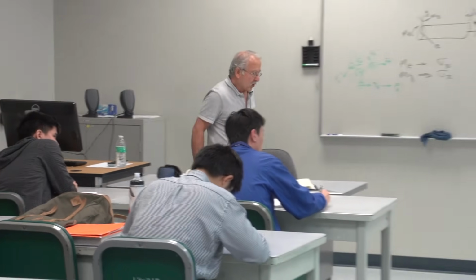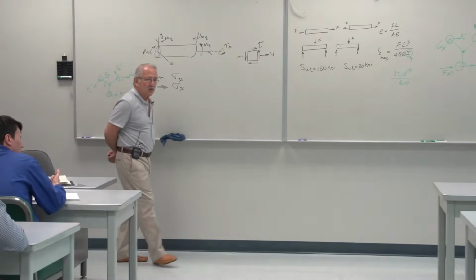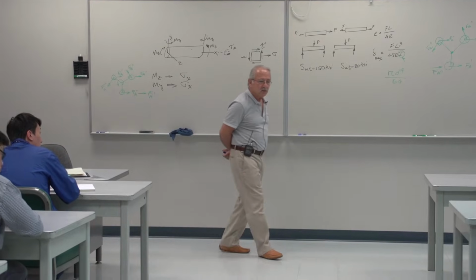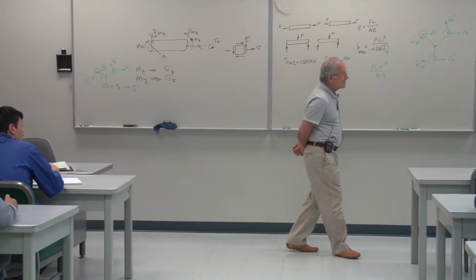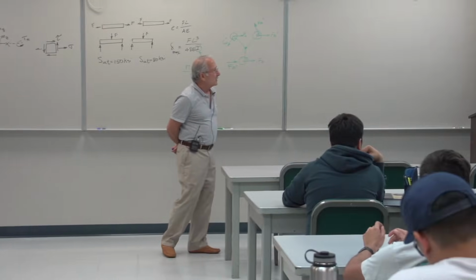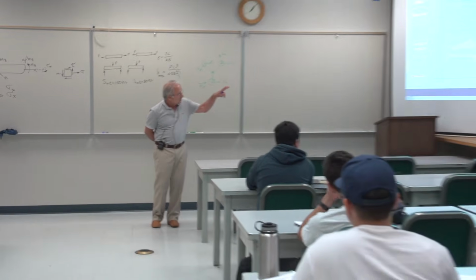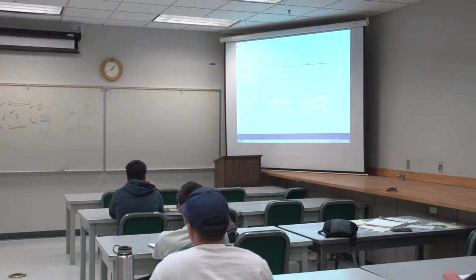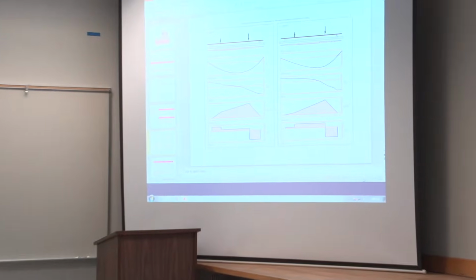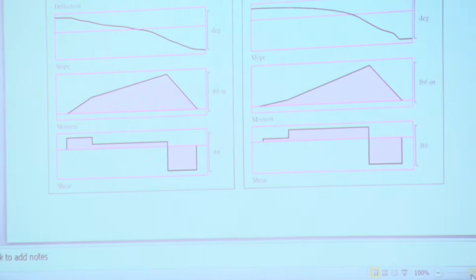Another thing that I wanted to talk about is this. You have all drawn shear moment diagrams for beams or shafts. And those are the bottom two diagrams on the screen for each of those two loadings.